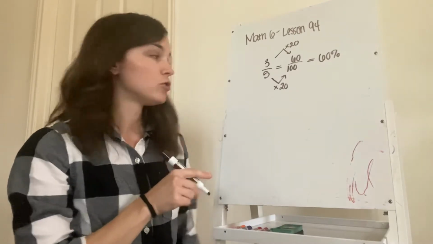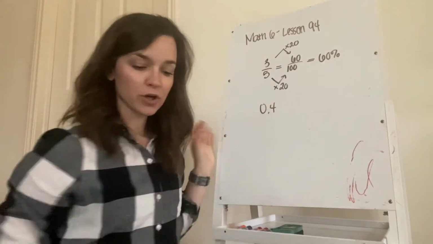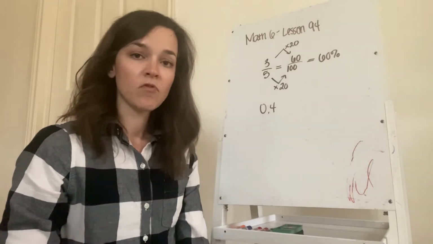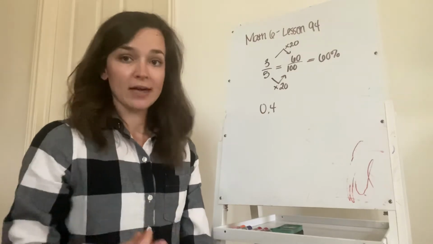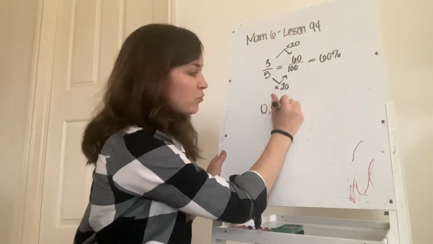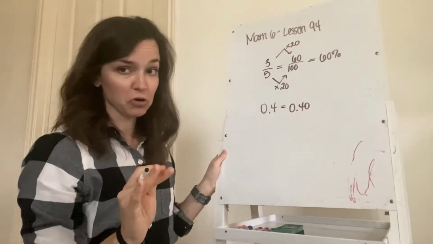Same with decimals. We've looked at decimals like 0.4, turning that into a percent. We would go via a fraction first, because we could read this as 4/10, or we could add on a 0, which doesn't change the value, right?